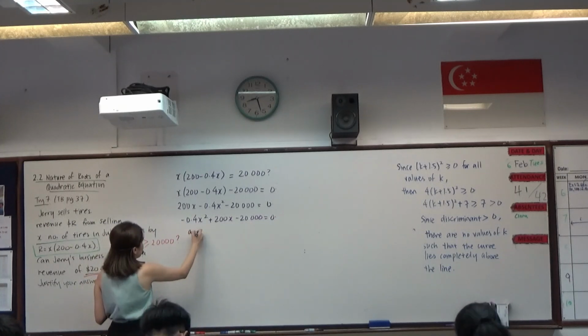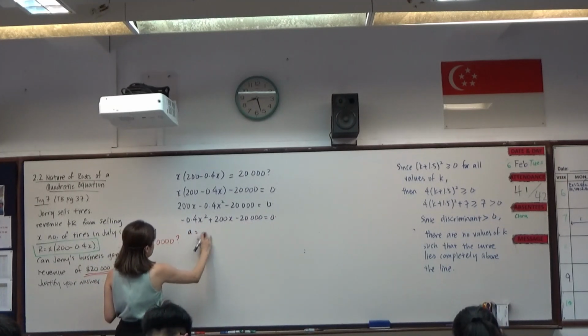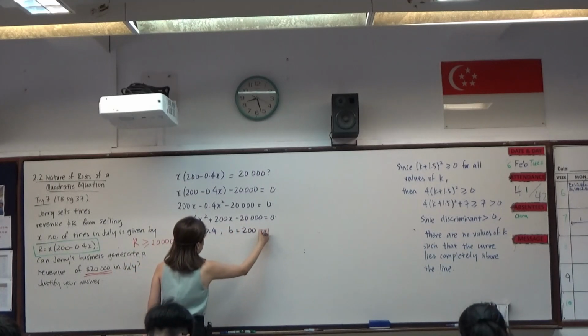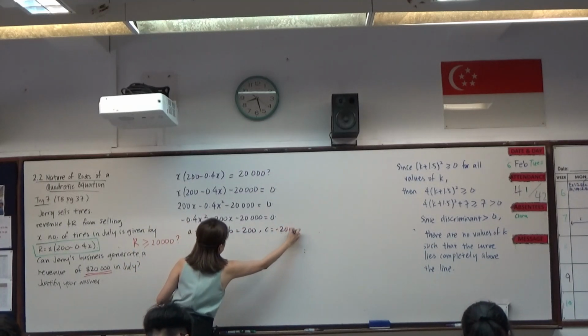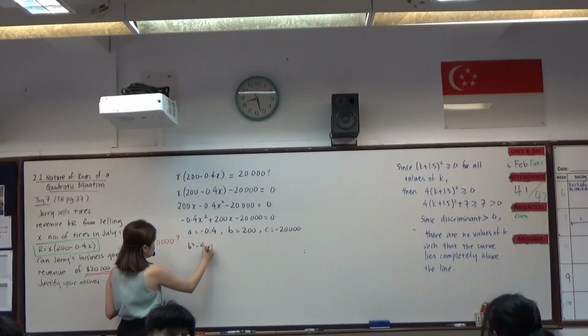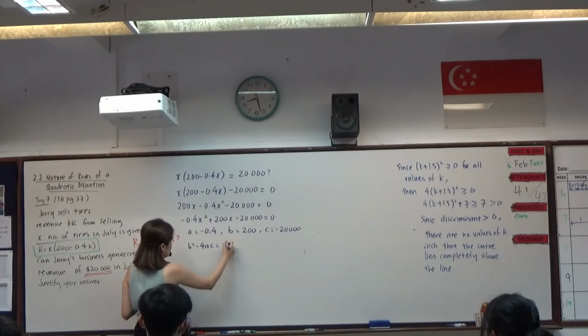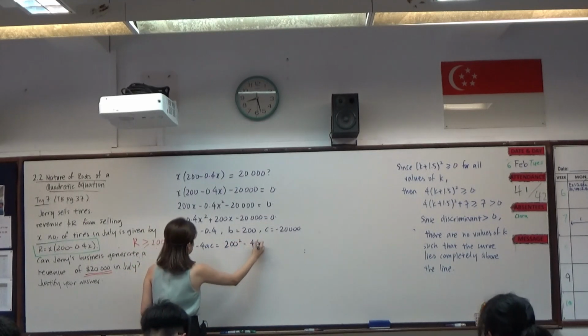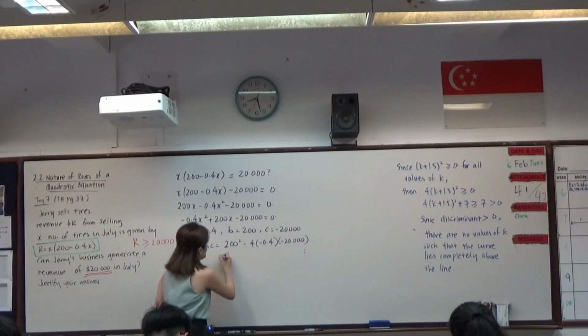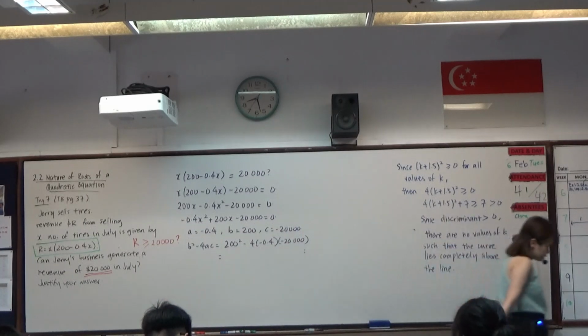Then we can identify our a, b, and c. Then find our discriminant, which is going to be a number. And it comes out to be 8,000.